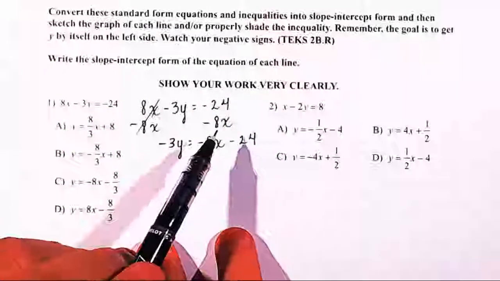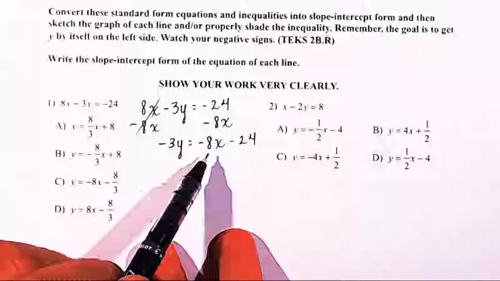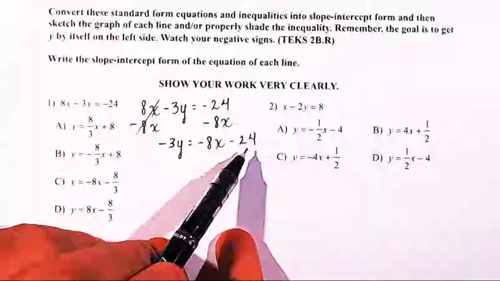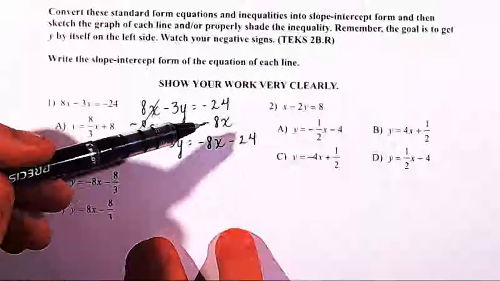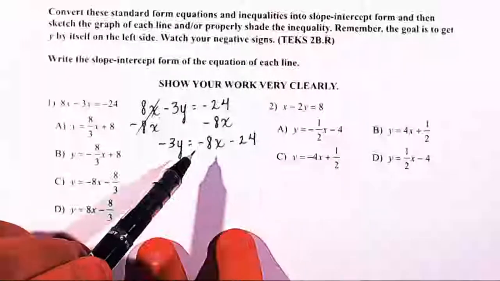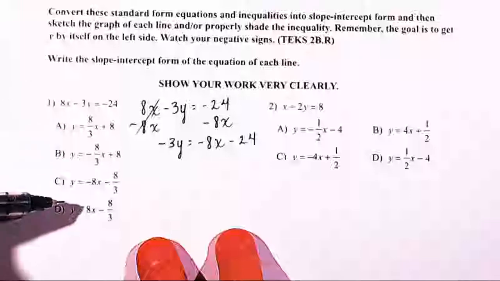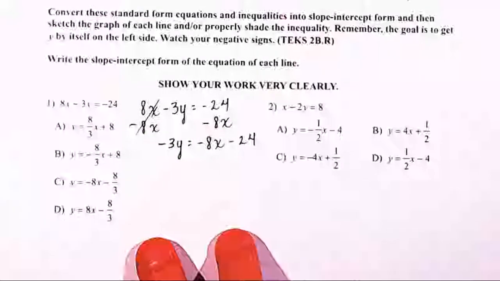It is by convention that we put the x term in front, and then we have the number that's by itself at the end. So we're just reordering this to make it look like this, because what we're going for again is mx plus b.